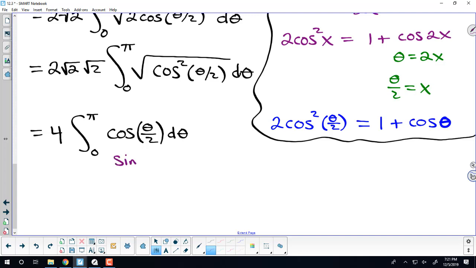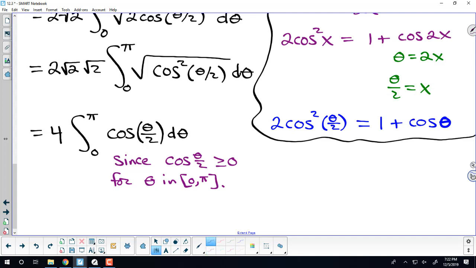Pi? Not pi, that would be for cosine of theta. 4 pi? It's 4 pi. Since cosine of theta over 2 is larger than or equal to 0 for theta in this range, we'll just make that note.